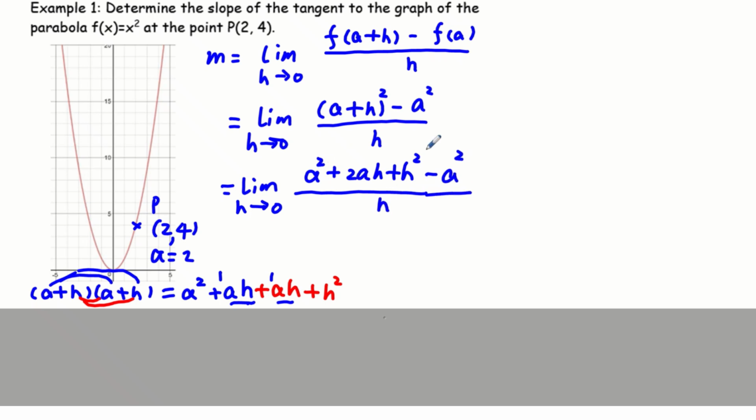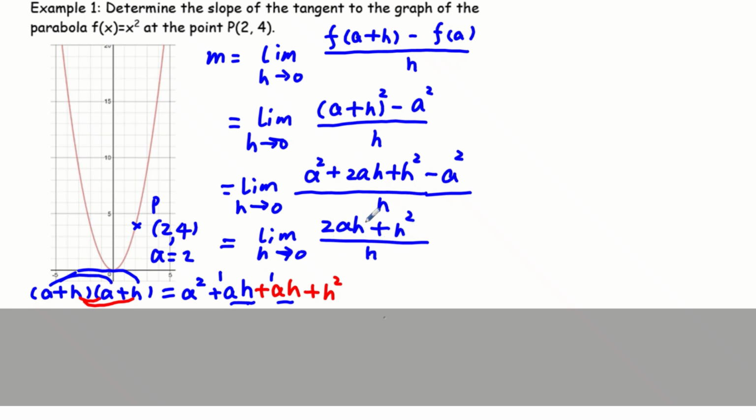Same variable, same degree, they are like terms, so 1 minus 1 gives you 0. So a squared minus a squared is 0. We have the limiting value as h approaches 0 of 2ah plus h squared divided by h, with a squared minus a squared gone.